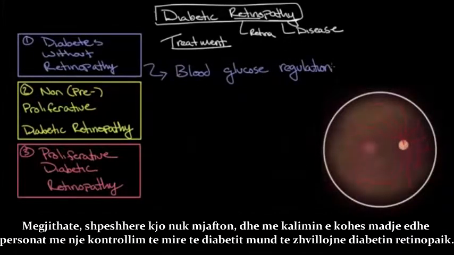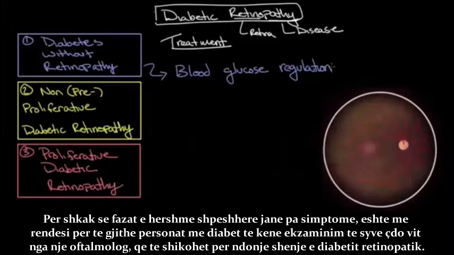However, oftentimes this is not enough, and over time, even individuals with very well-controlled diabetes may develop diabetic retinopathy. So because these early stages are often asymptomatic, it's also important for all individuals with diabetes to have a yearly dilated eye exam performed by an ophthalmologist to look for the signs of diabetic retinopathy.